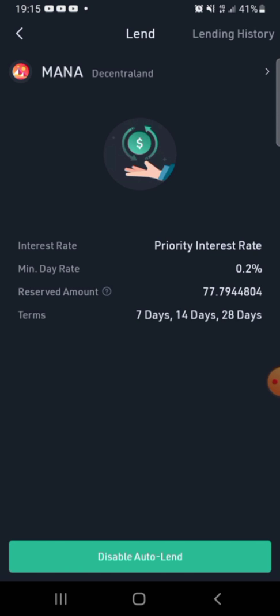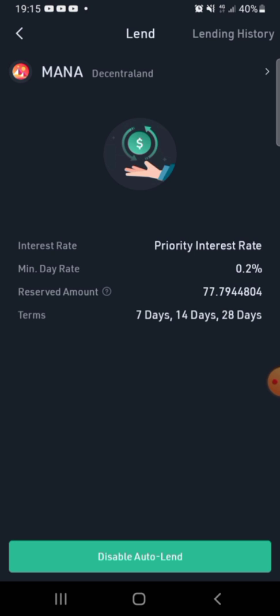And another cool thing that I was reading about before I did all this was, if by any chance a borrower doesn't have the funds to pay you back, your funds won't go missing or anything like that.